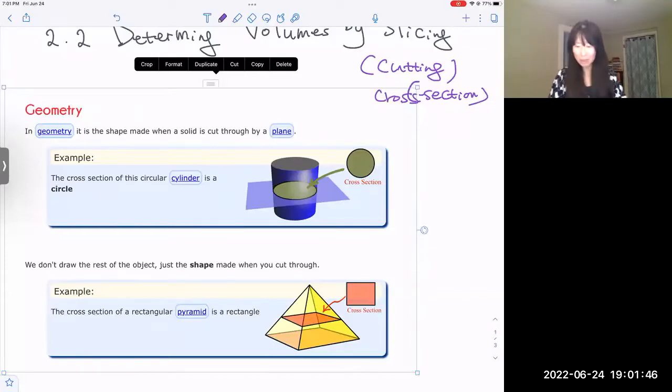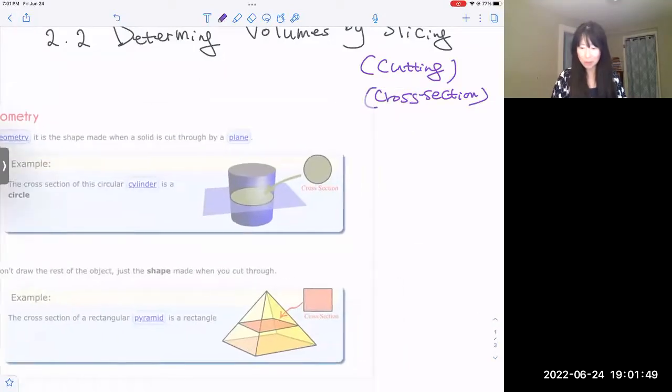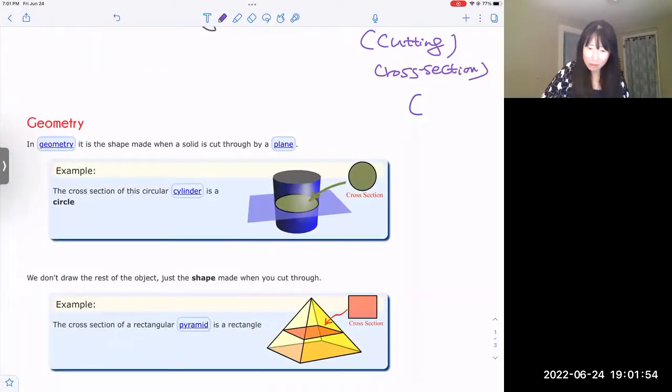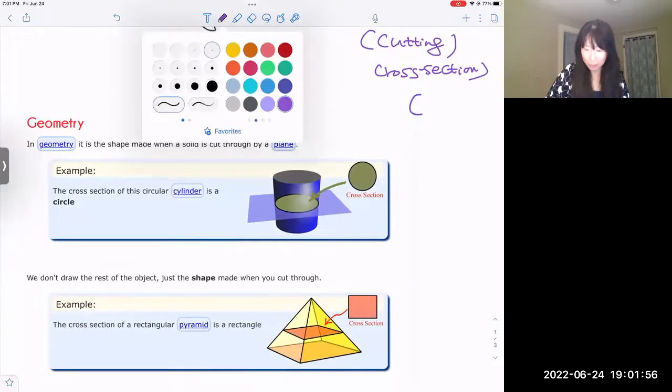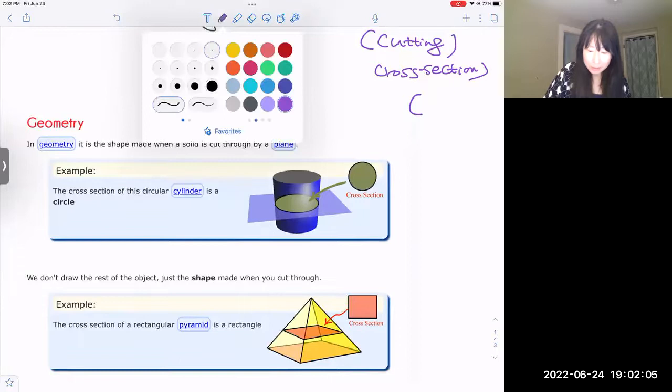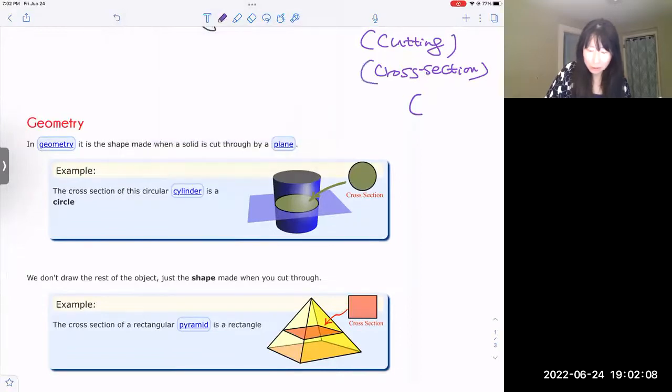Okay, but we're going to learn later on about this one, square, depends on the size of the pyramid. How do you pronounce it? Okay, so cross section is just cutting, right? Cutting, we get the form of a rectangle or square or circle like this, all right?